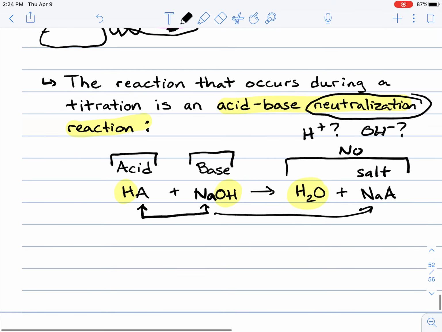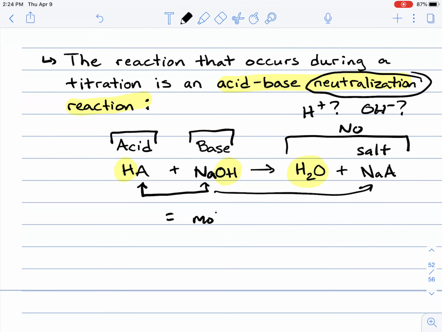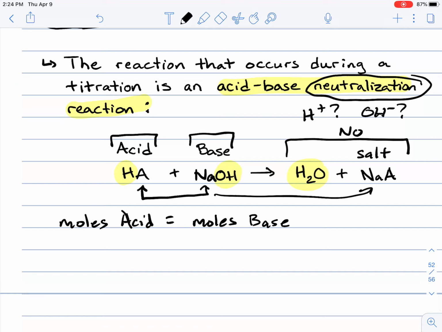And so what that means is that if we have equal moles of base to equal moles of acid, then the only products that we're going to get are water and the salt. And we know that the salt of these acids and bases, if they're strong acids and strong bases, is not going to affect the pH of the solution.